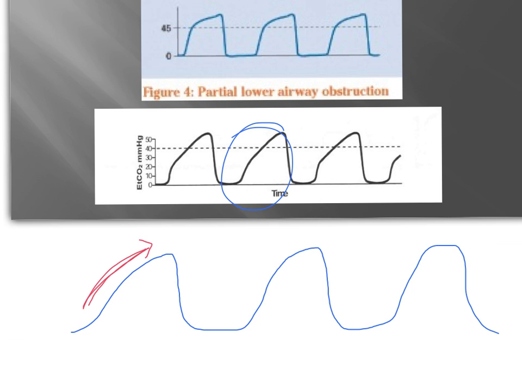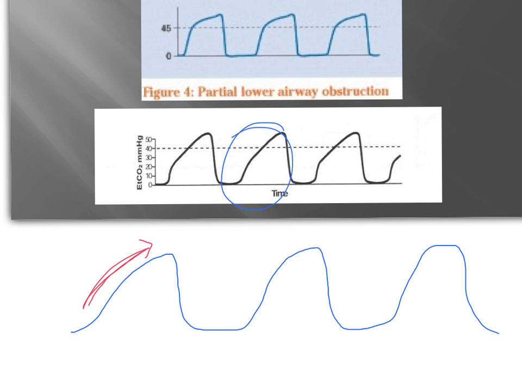We have a restriction or a narrowing of those bronchioles that are preventing air from escaping from the lungs and the alveoli. So that's where oftentimes we get air trapping, and we get that restriction of exhalation, and it's also where we may often find expiratory wheezes as well.